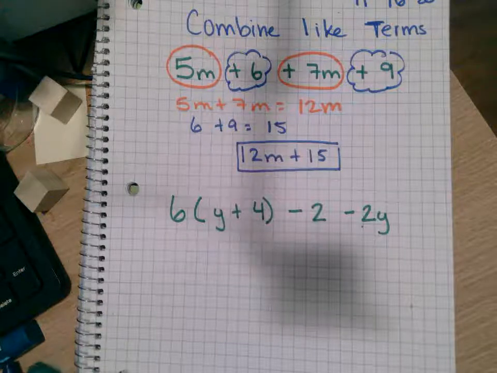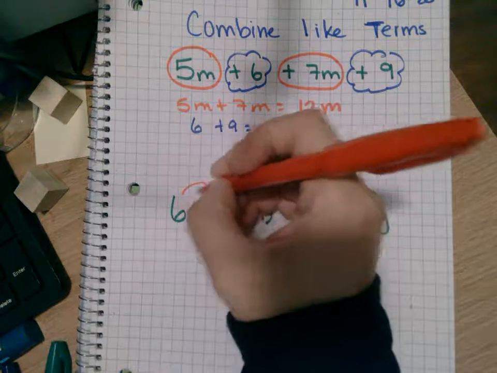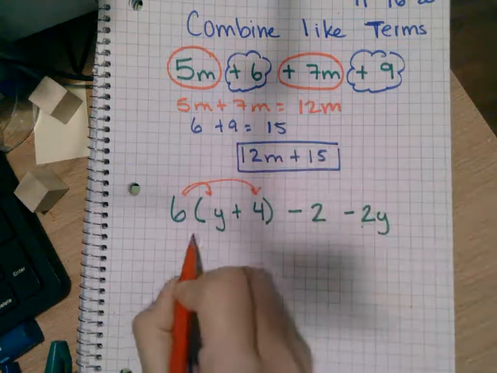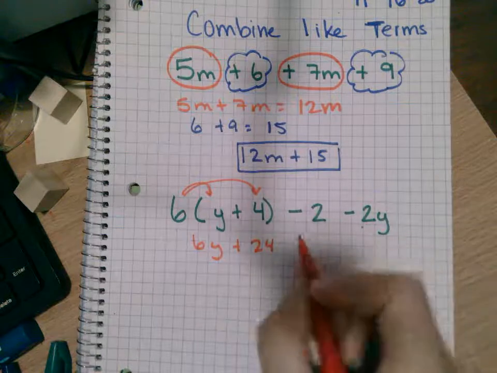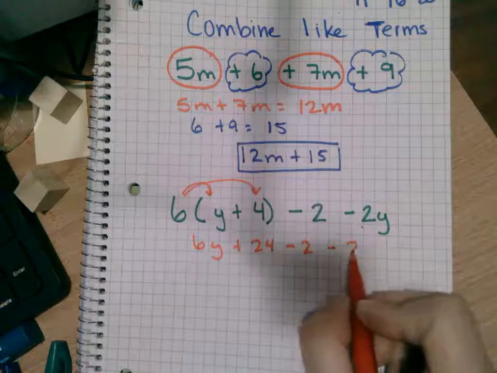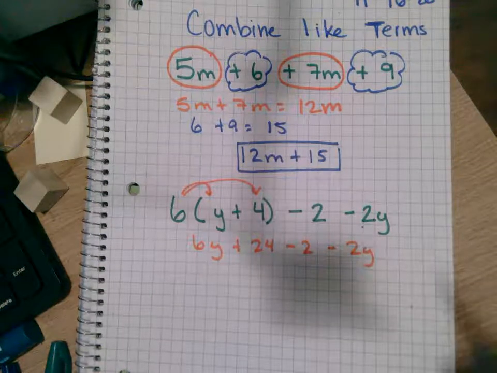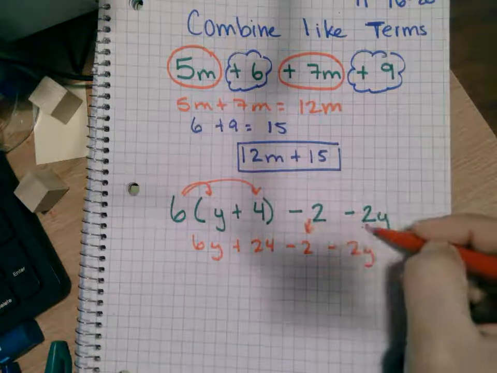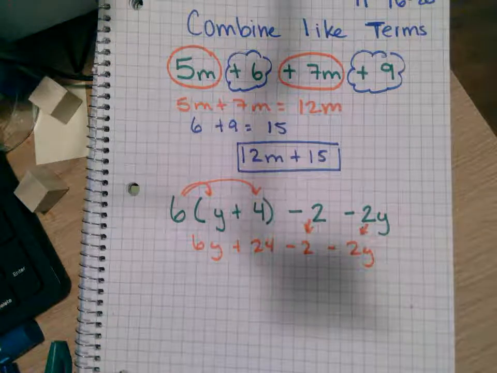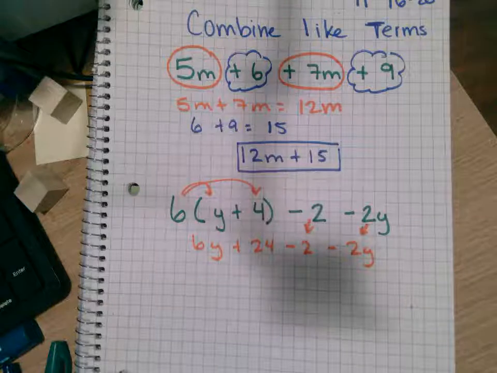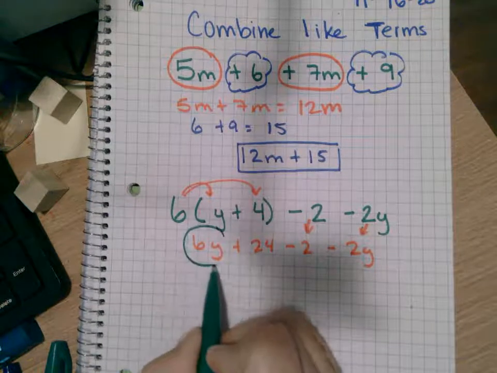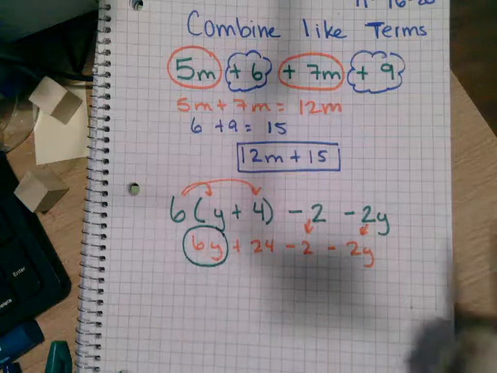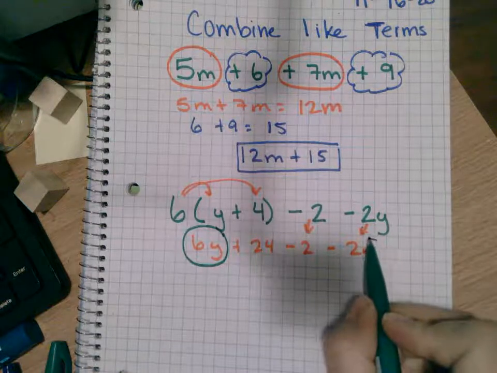Okay, so when we do the distributive property here and here, we get 6y plus 24, right? Then I'm going to do minus 2 minus 2y, right? So I just brought this down. All right, now we're going to combine what is the same. What is a like term? So I see that this one has a 6y, and this one also has a y, so I'm going to circle it.